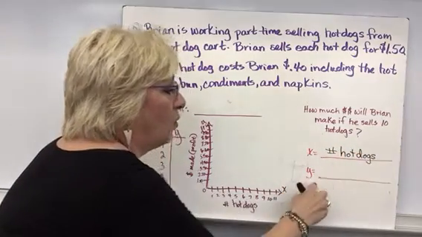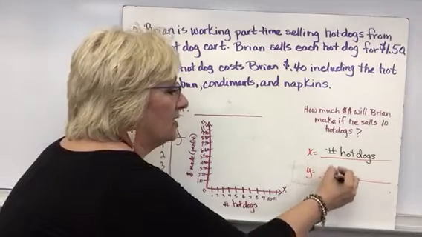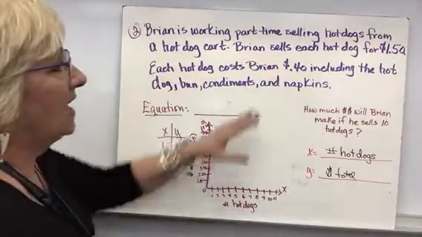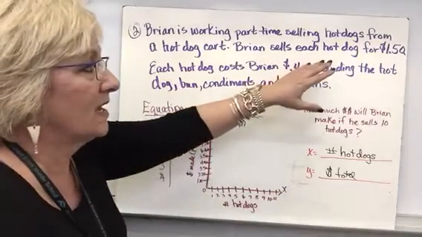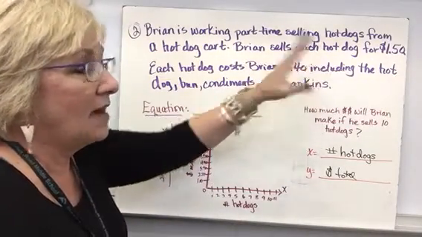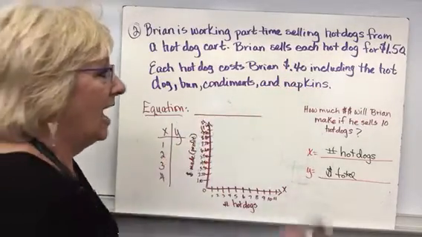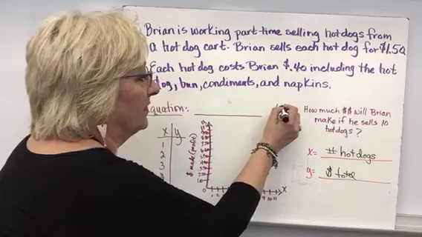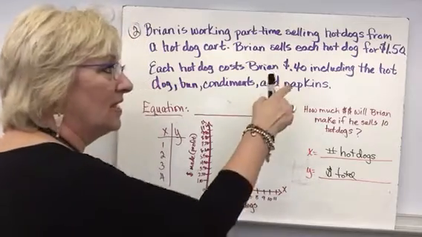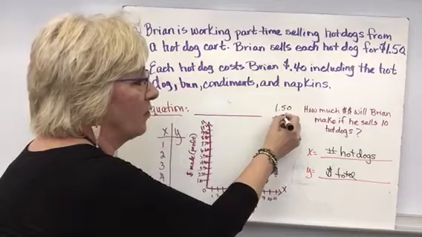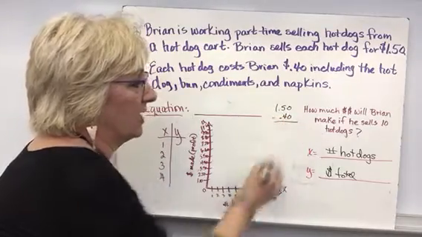And I'm going to let Y be the amount of money total that I make off selling the hot dogs. I can do this one of two ways. I'm going to first do a little bit of math before I put it up here in my equation. I know that I'm going to charge $1.50 for every hot dog, but then I'm going to turn right back around, and I know that that is costing me 40 cents for every hot dog that I sell.